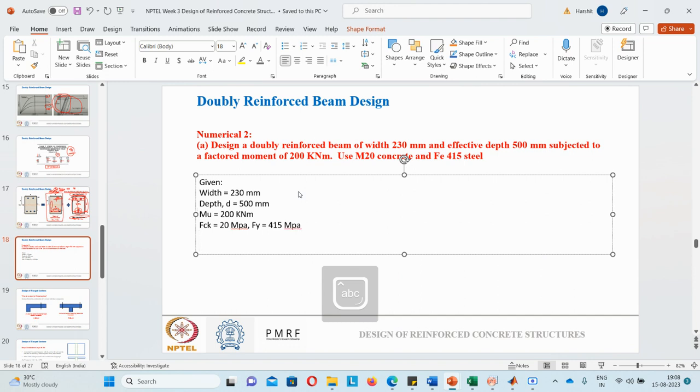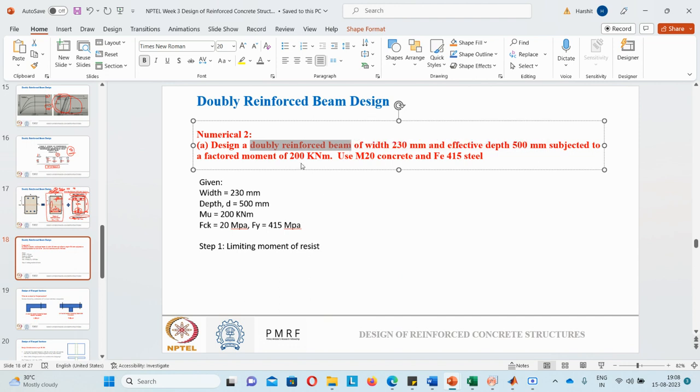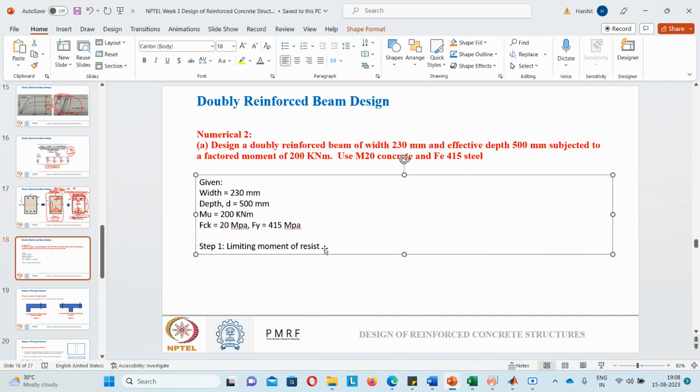Okay, so what will be the first step? Step 1 will be to check for the Mu limiting value, so calculating the limiting moment of resistance. Here it is said that it is a doubly reinforced beam, so we know this moment will be more than the limiting moment, but still we'll check the limiting moment of resistance also.